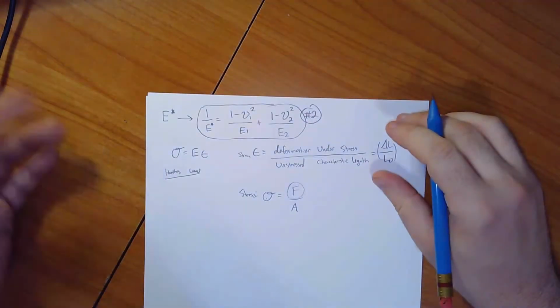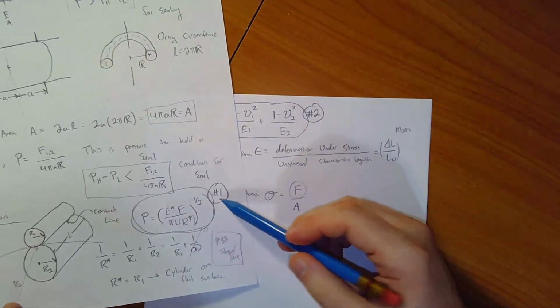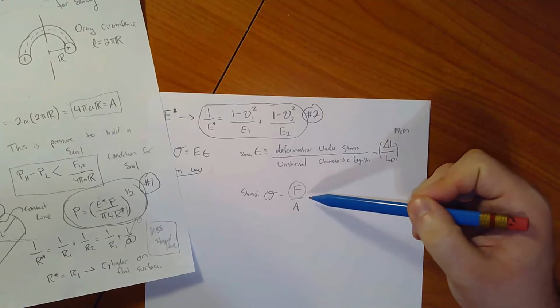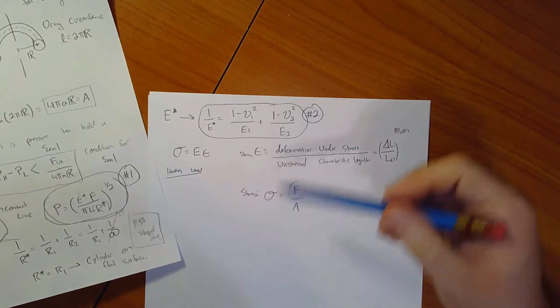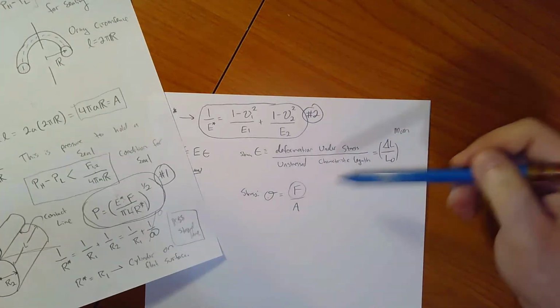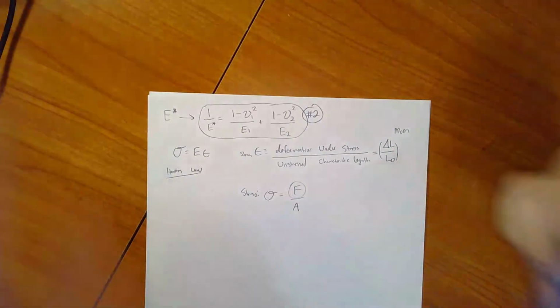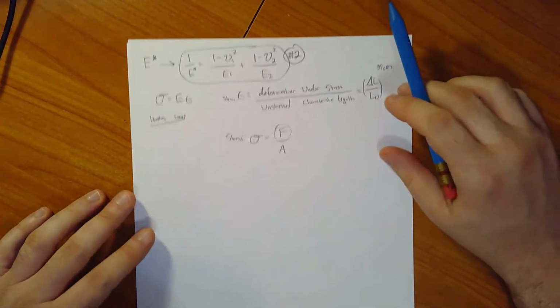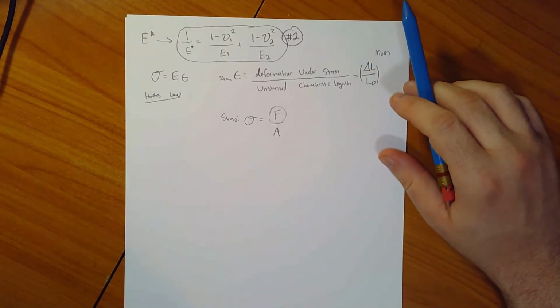You can start to see how this works. I'm going to start with equation 1, then build up equation 2, equation 3 from Hooke's law for F, and then plug them all back into each other in the end to get the expression I need for the sealing pressure.